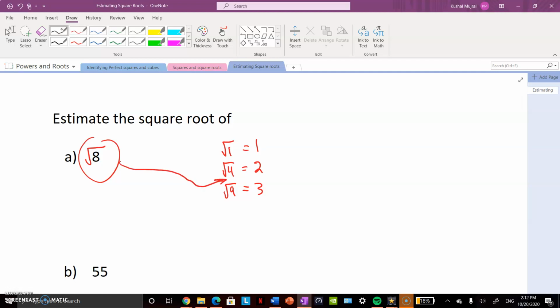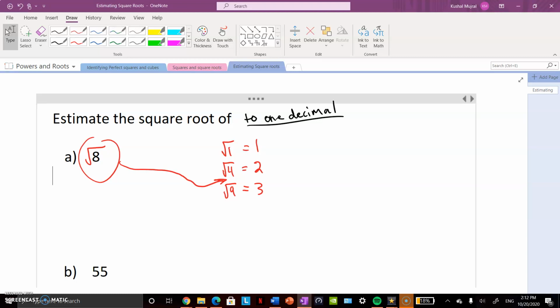So the way that we can check this is we can test certain numbers. We want the estimate to 1 decimal place. So let's guess for now 2.5. I know it's not a good guess, but we'll still try.